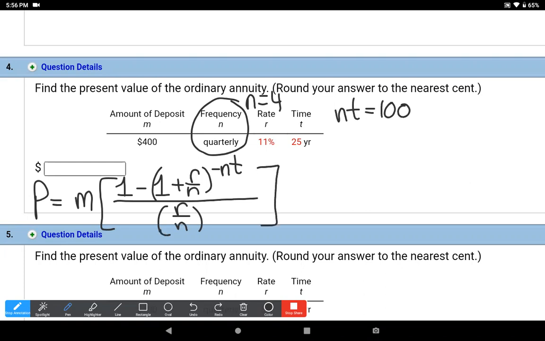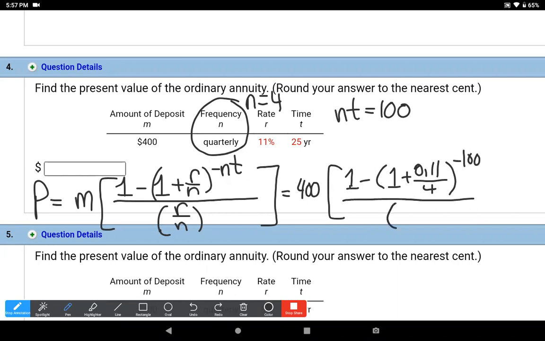So we have 400 times 1 minus 1 plus the rate over 4 raised to the negative 100. Then we're going to divide by the rate divided by 4.